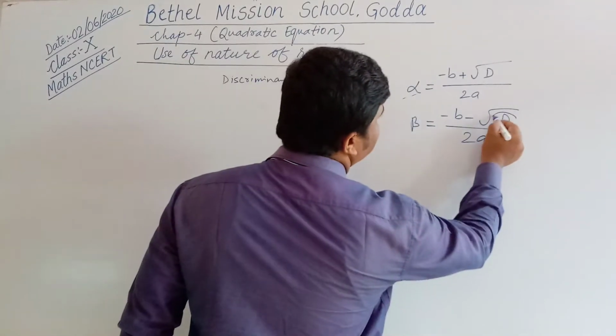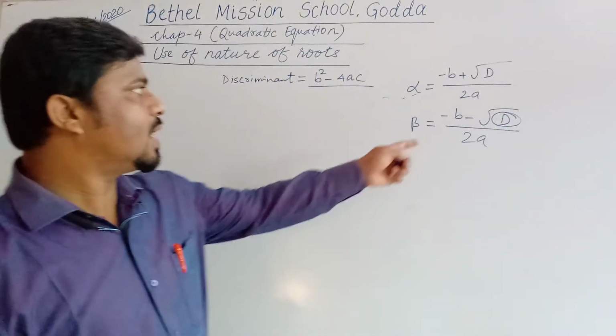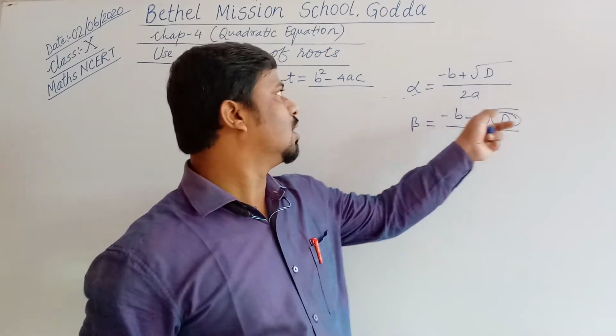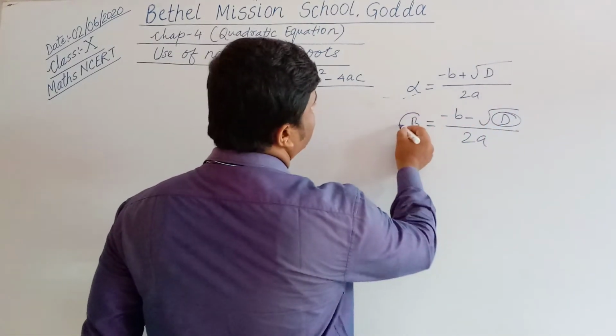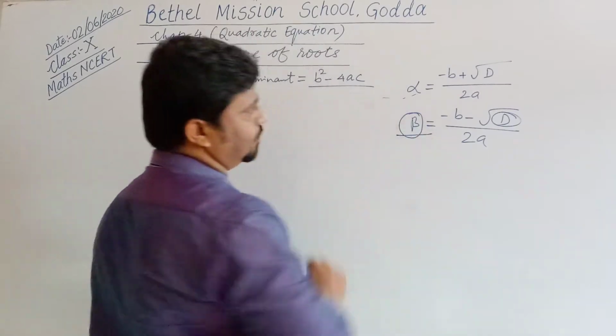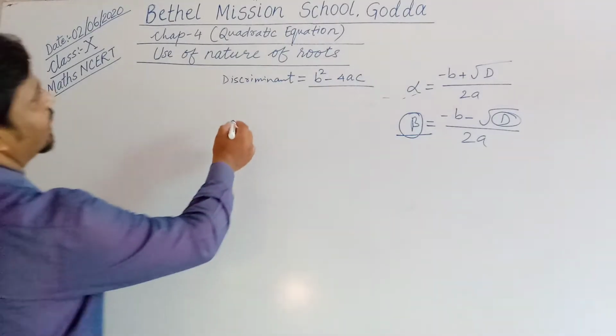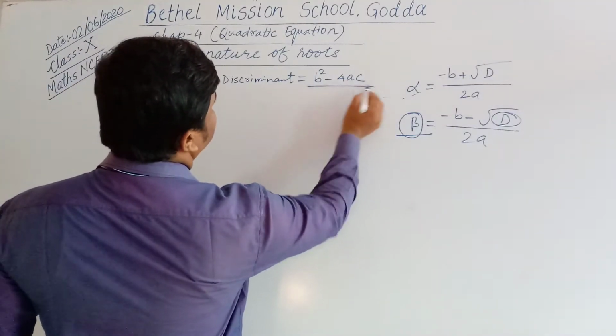So this is the expression under the square root, and that is called the discriminant.